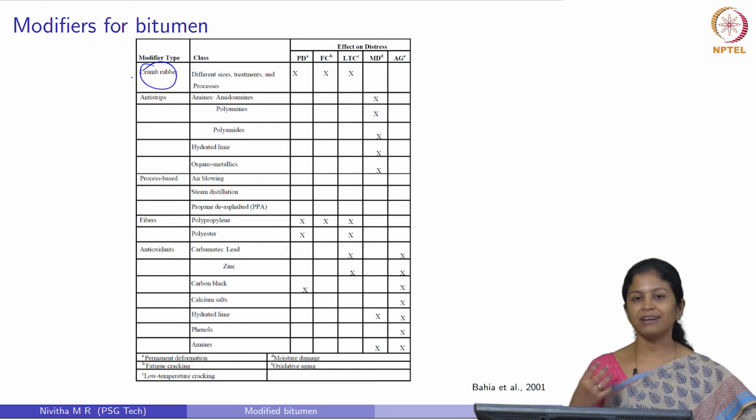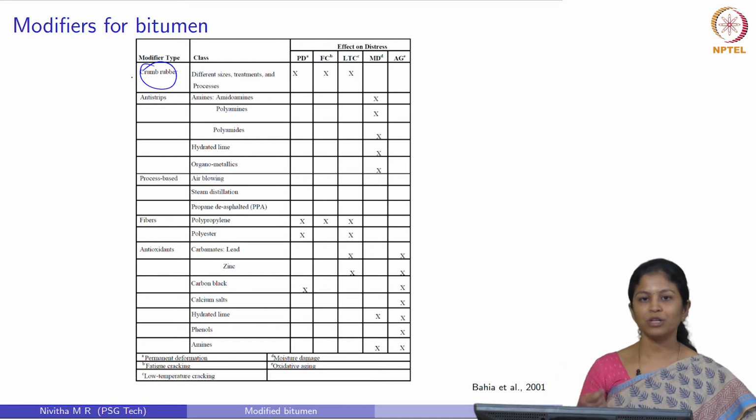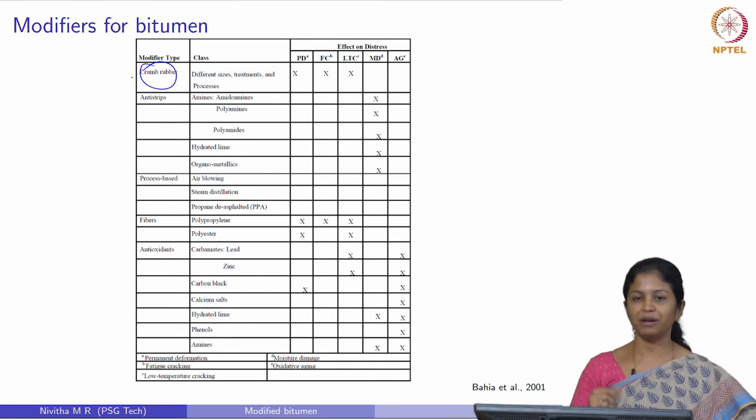So, people started thinking about different alternatives to dispose this material, and using it to modify bitumen was one of the alternatives. So, what they do here is they shred those tires to particles varying from 600 to 900 microns, and they are added to bitumen to prepare modified bitumen.